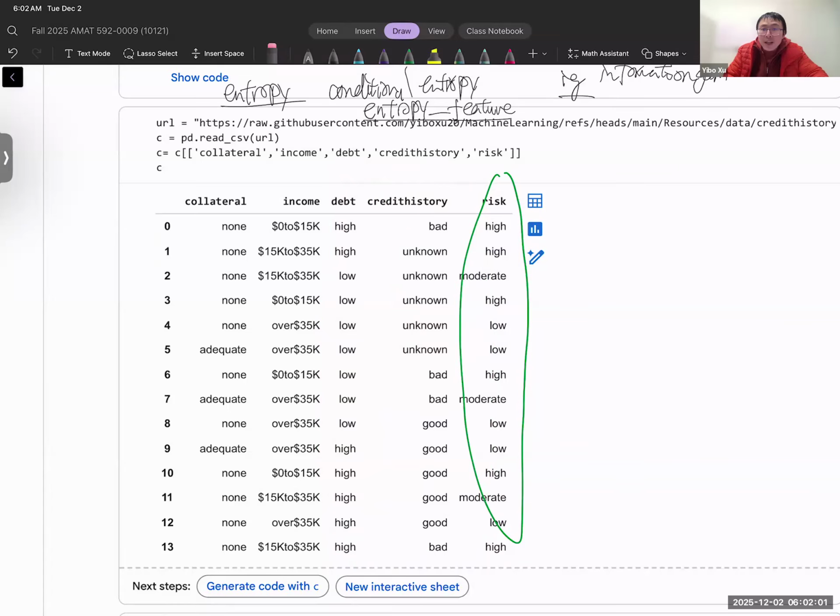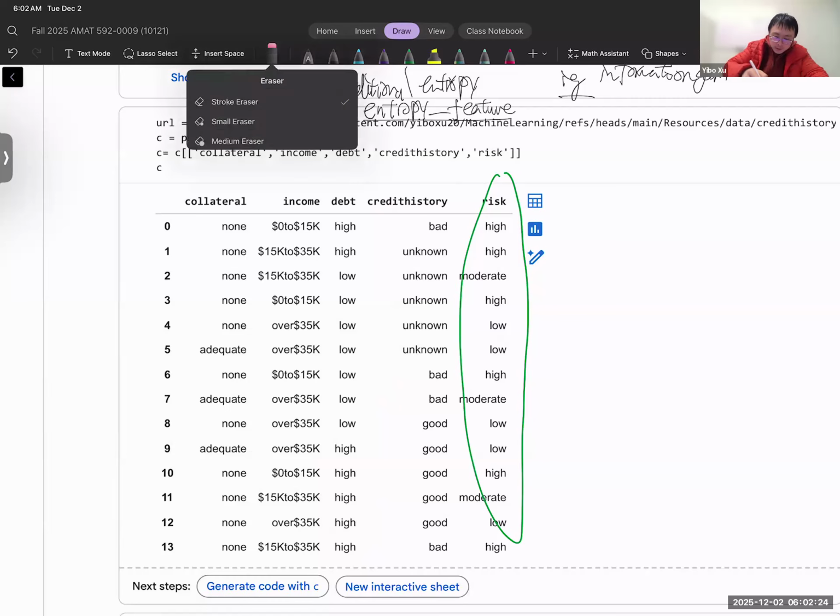The risk is the last column in the data table that we want to learn, because we want to learn which customers are high risk, which are low risk, and which are in the middle. For high risk, as a banker, you probably do not want to loan money to that customer, and so on.